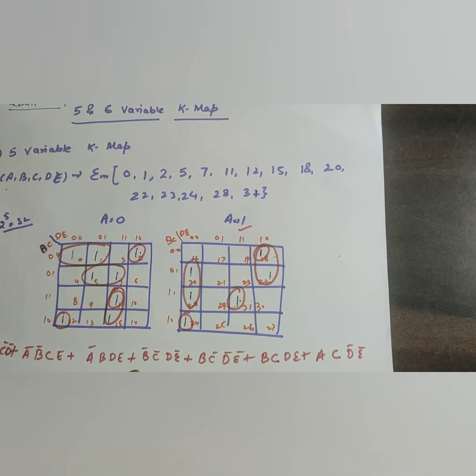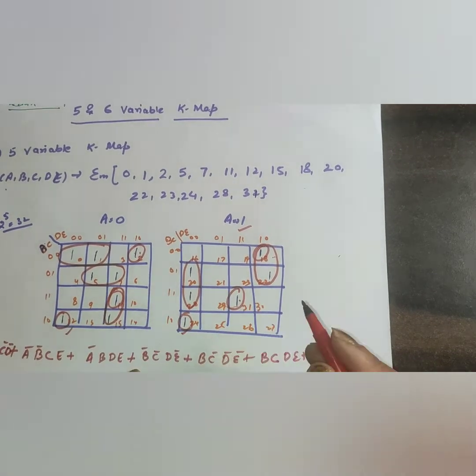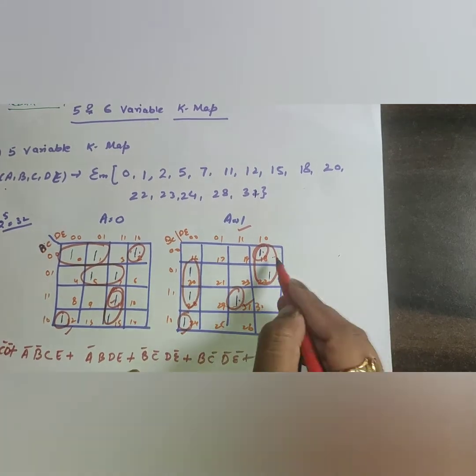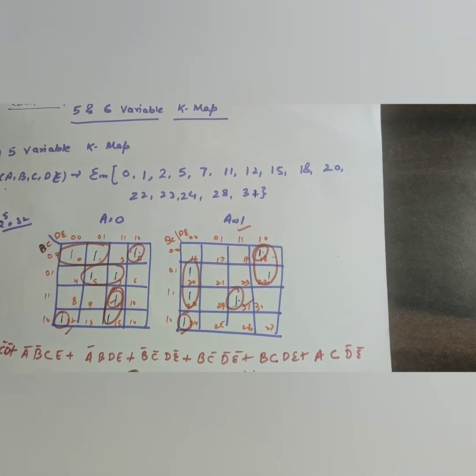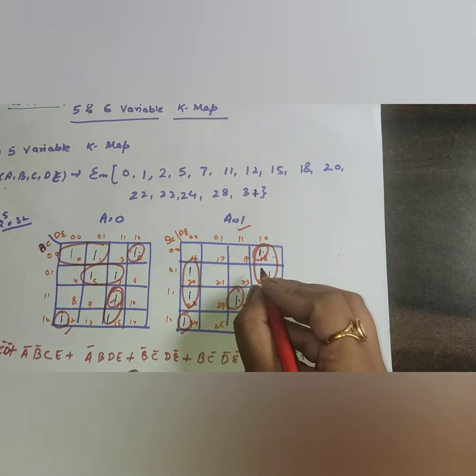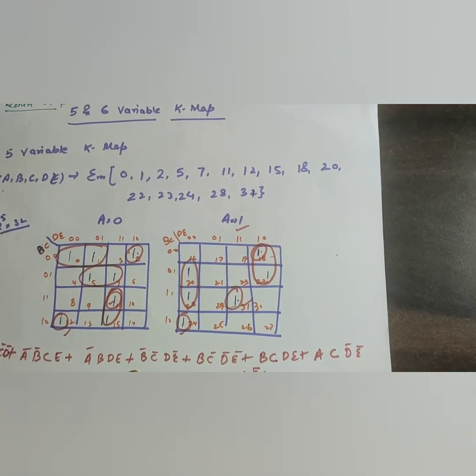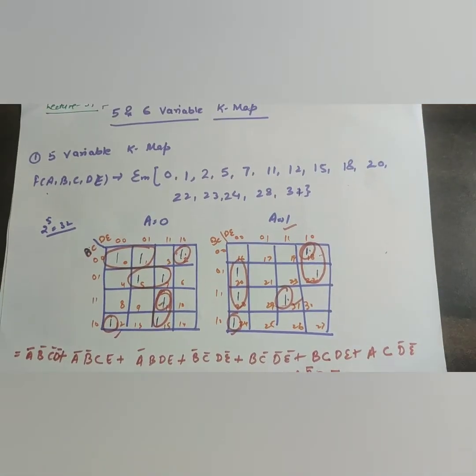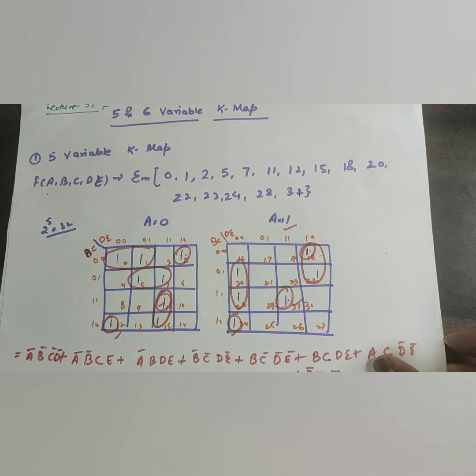Plus this has been considered. Now for this, A, and here to here B bar, and here to here there is no elimination, so D E bar. So this is the final answer of the 5 variable K-map.